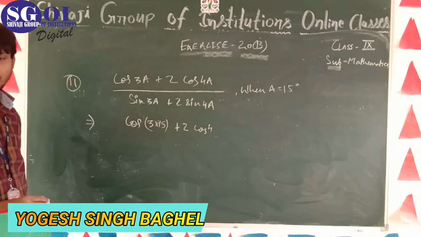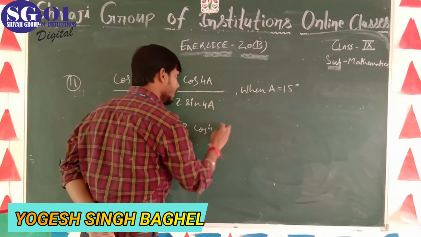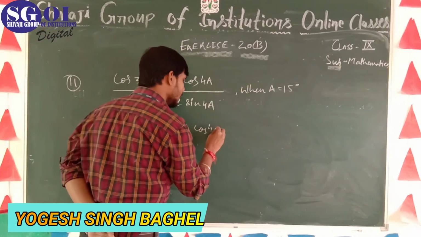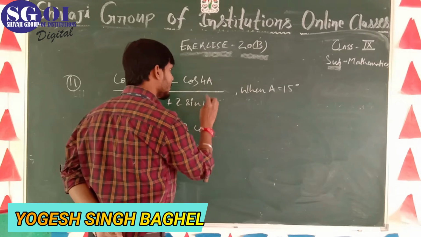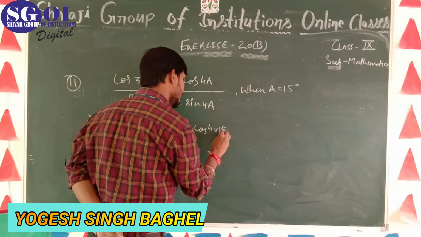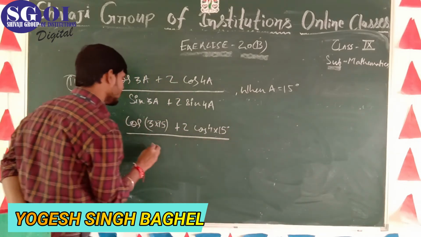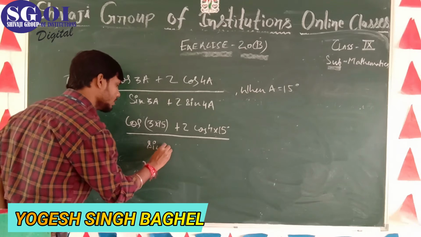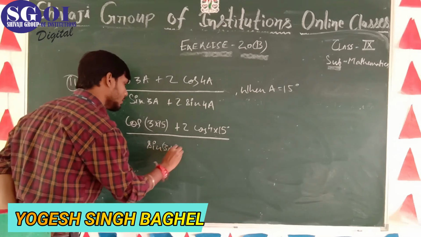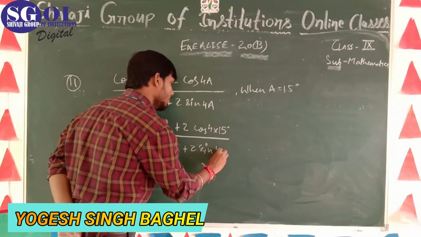Because we have to find the value, so we put the angle A in the given trigonometric ratios, and A is 15 degree, we know it, and upon sin 3A means sin 3 into 15 plus 2 sin 4A, 4 into 15.